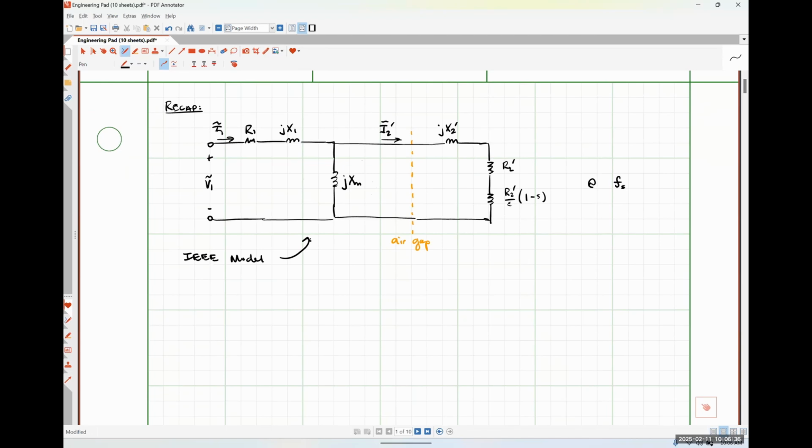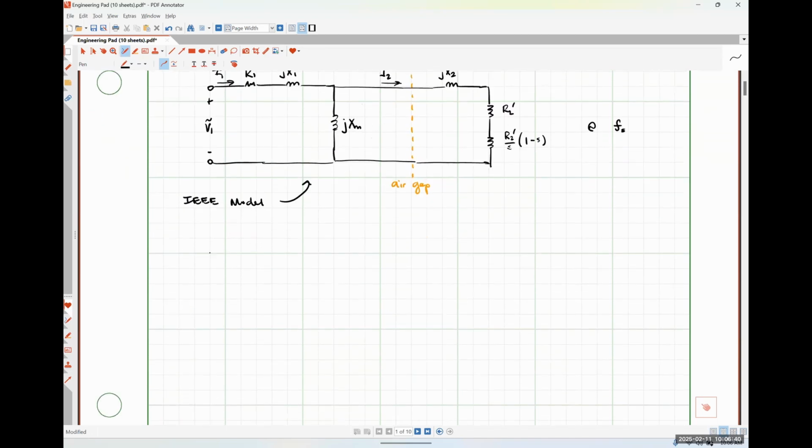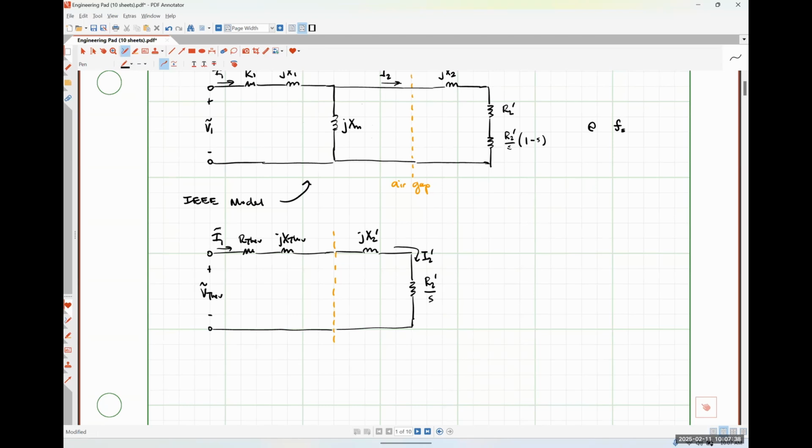And so that particular model would look something like this, where we had our Thevenin voltage here, our Thevenin resistance, our Thevenin reactance, this is our dashed line for our air gap, our rotor reactance, and this is just our total rotor resistance, where this current is I2 prime, our rotor current, and this current I1 is our stator current.